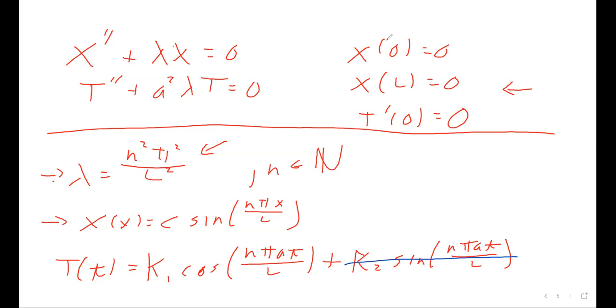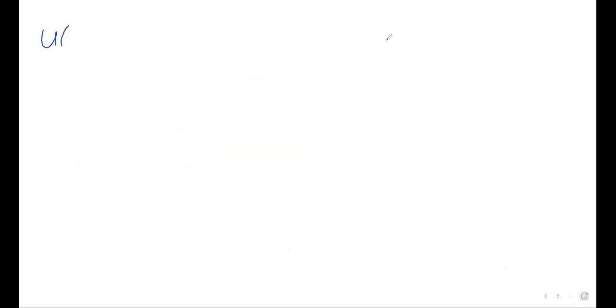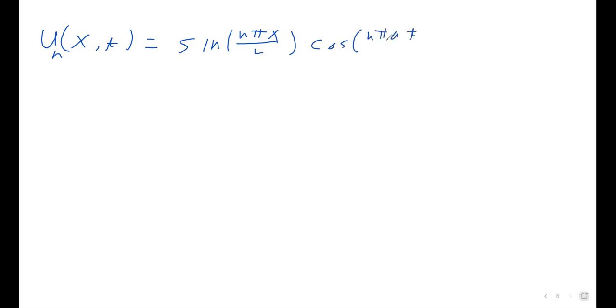So writing this all together for our U equation, we end up with something that depends on our n value, sine n pi x over L times cosine n pi a t over L. And again, it's for n's that are natural numbers.